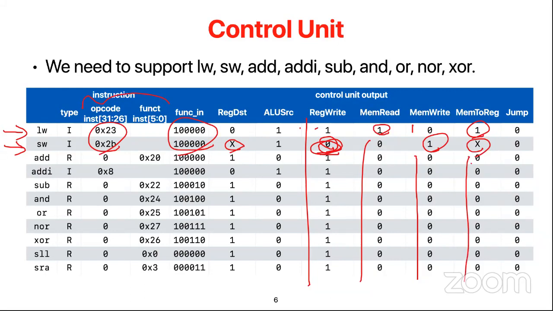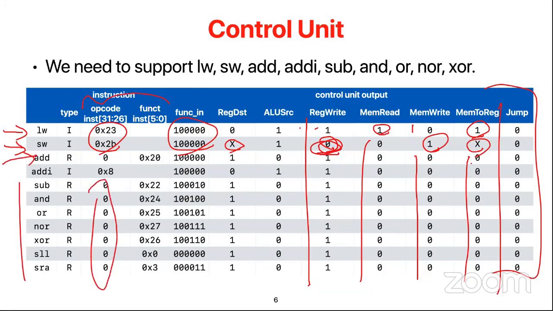And because right now we haven't supported jump and branch, everyone's jump should be 0. But you might want to ask, okay, why do I have this? Because later on you are going to use this, right? So that's why we have this column here. And as I mentioned, if you have arithmetic instructions like add, sub, or whatever, their opcodes are all 0.